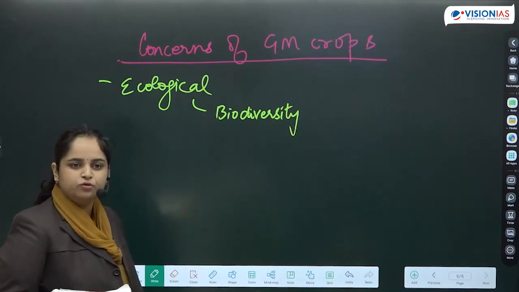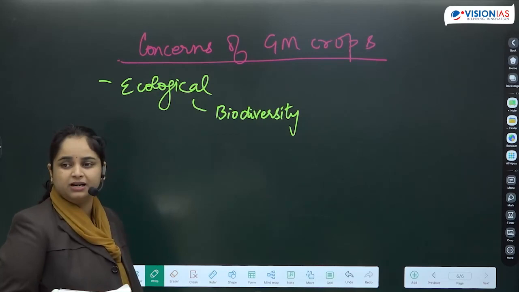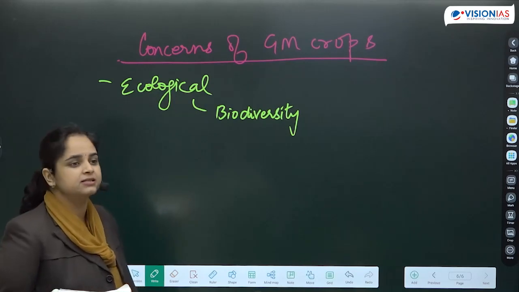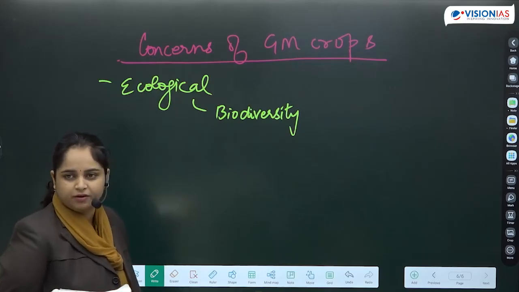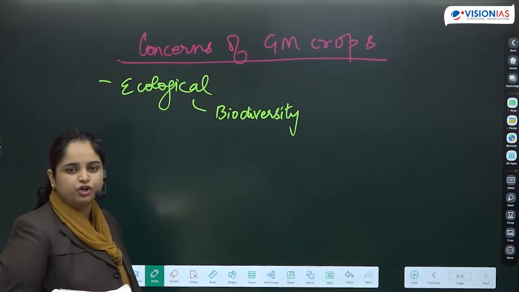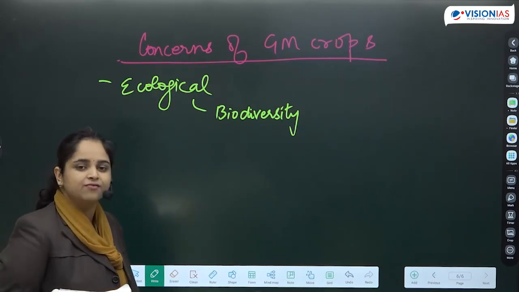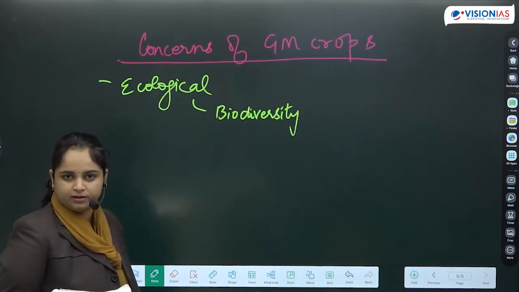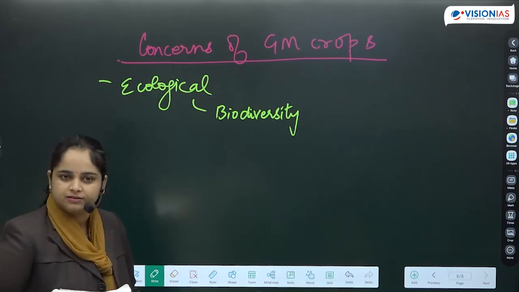Every crop has some organisms dependent on it. There is a plant, and some herbivorous animal is eating it. There will be some bees and birds dependent on that. There will be some microorganisms dependent on that. There is a whole system, right? So if the crop changes, what happens to all those things? How will that be impacted? How will the environment respond to it? That is one area of concern.